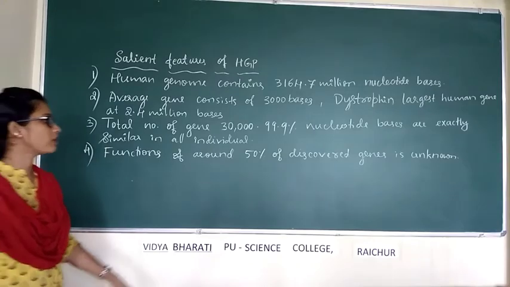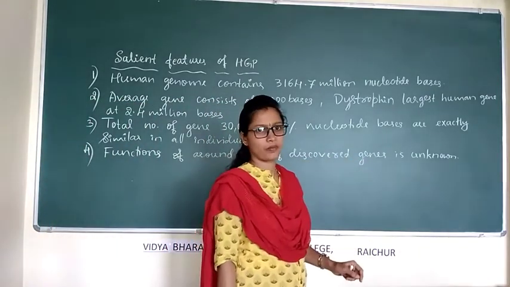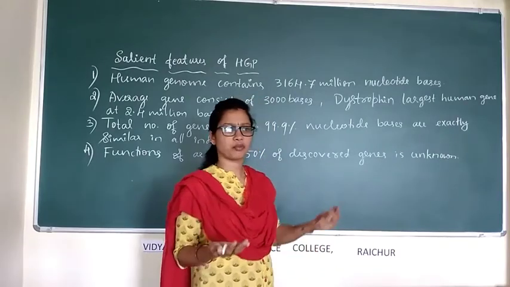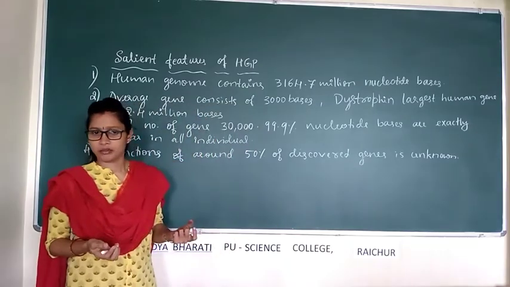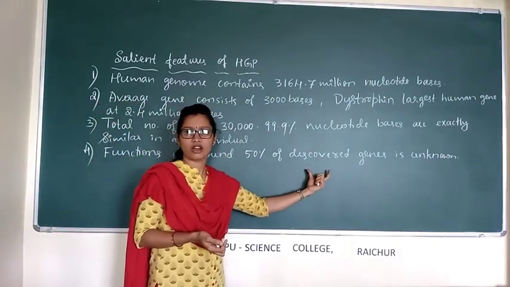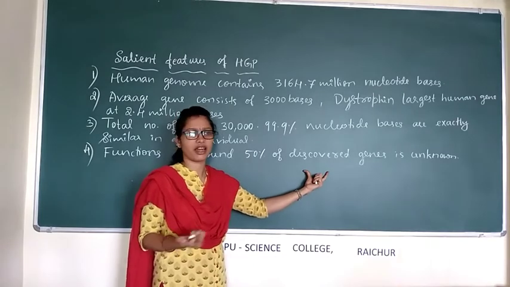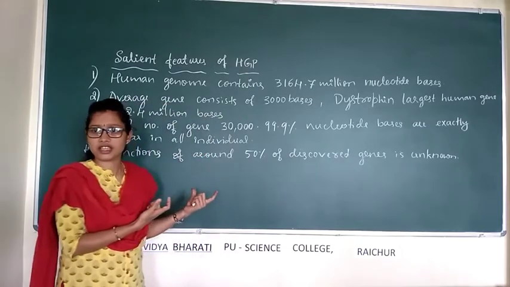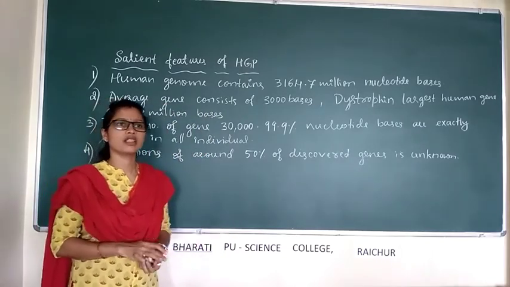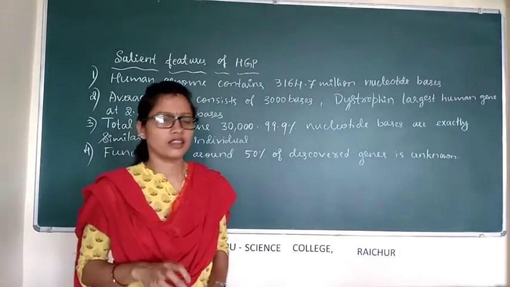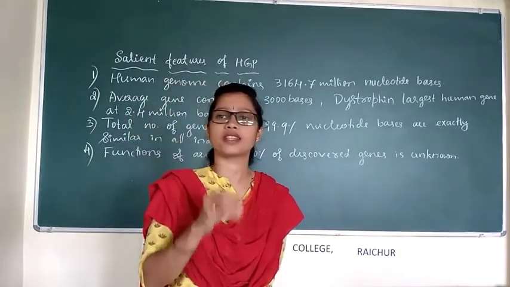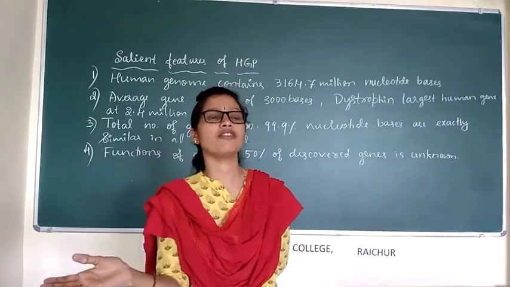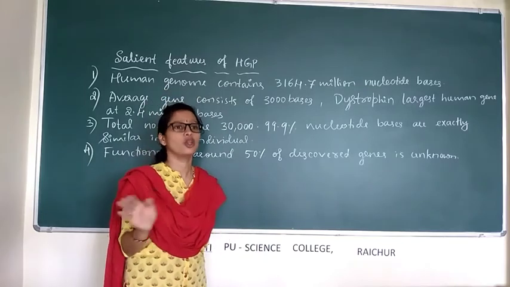They don't know what the function of such genes is, for which character the particular genes are responsible, or mutation in such genes causes which type of disease. They don't know anything regarding this. By the Human Genome Project, they came to know the functions of just 50% of discovered genes. The functions of the remaining 50% of discovered genes are unknown.